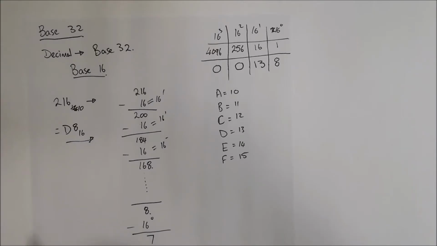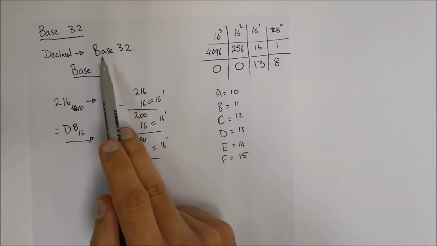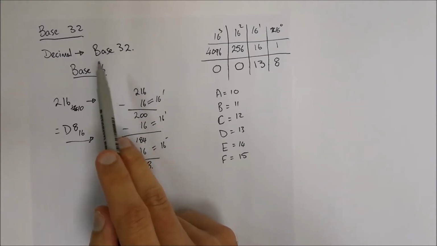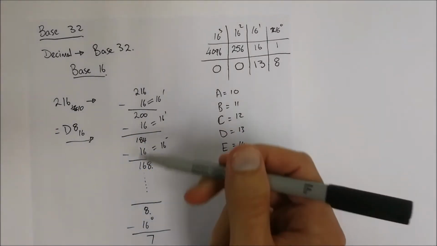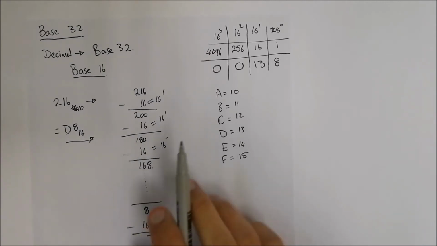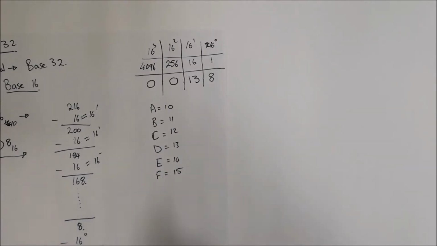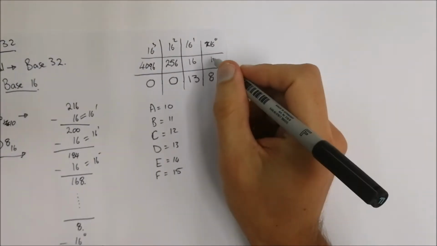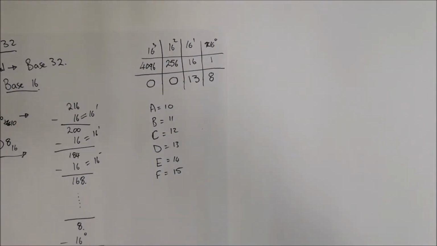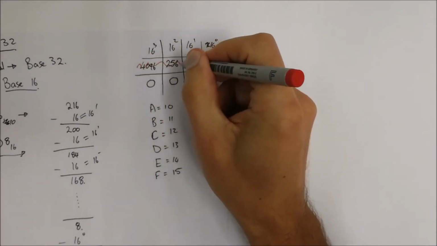Now that we have to look at a base 32 number, we've got to take into account what differences there would be in these steps. Essentially, we have to look at a table. All that's going to change is this line of numbers.